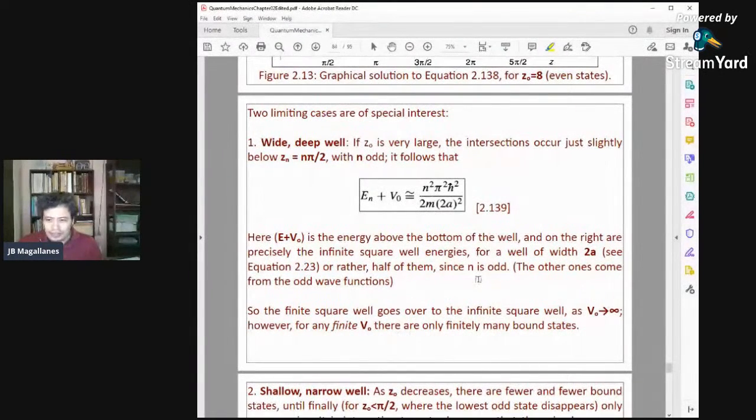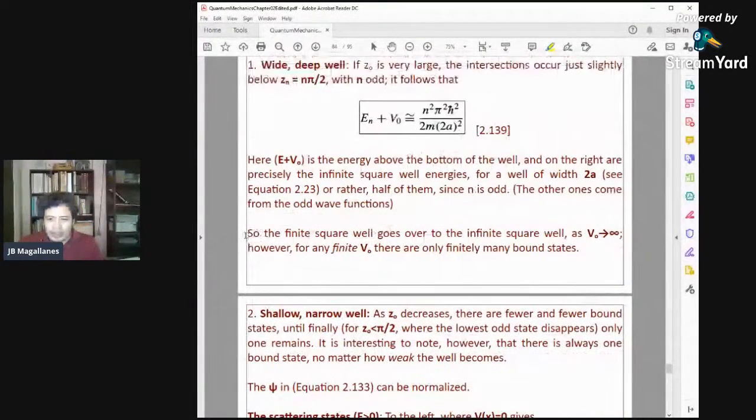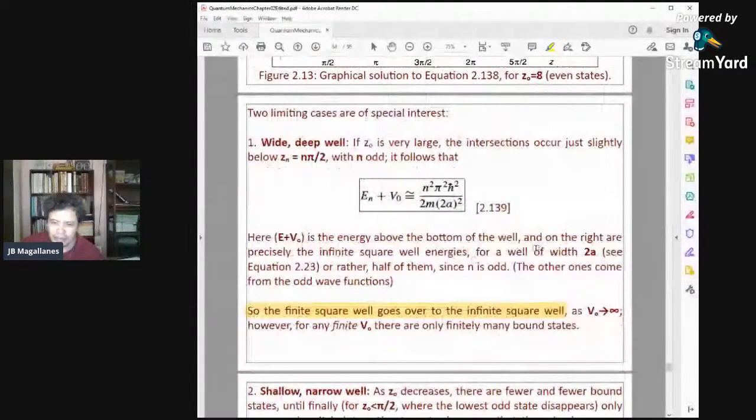So for the finite square well, as V0 goes to infinity, there are only finitely many bound states that you can have.